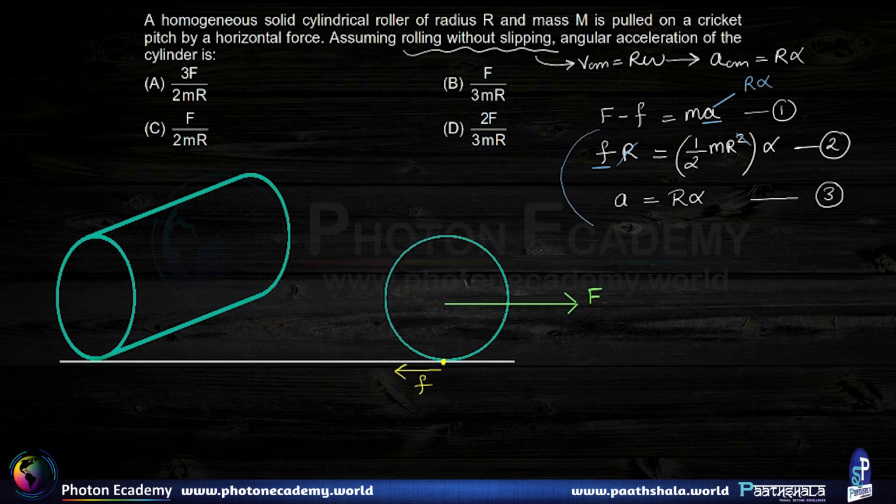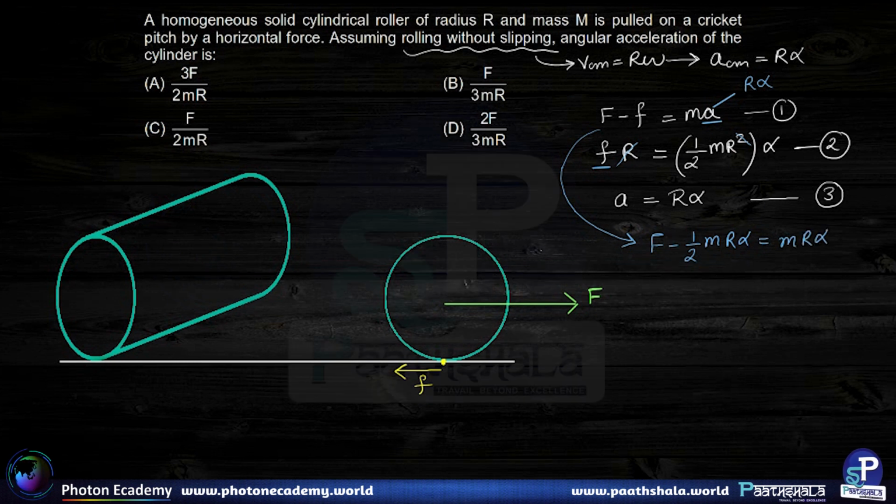So in this equation, we have essentially F minus half m r alpha is equal to m r alpha. So that is capital F is equal to 3 by 2 m r alpha.